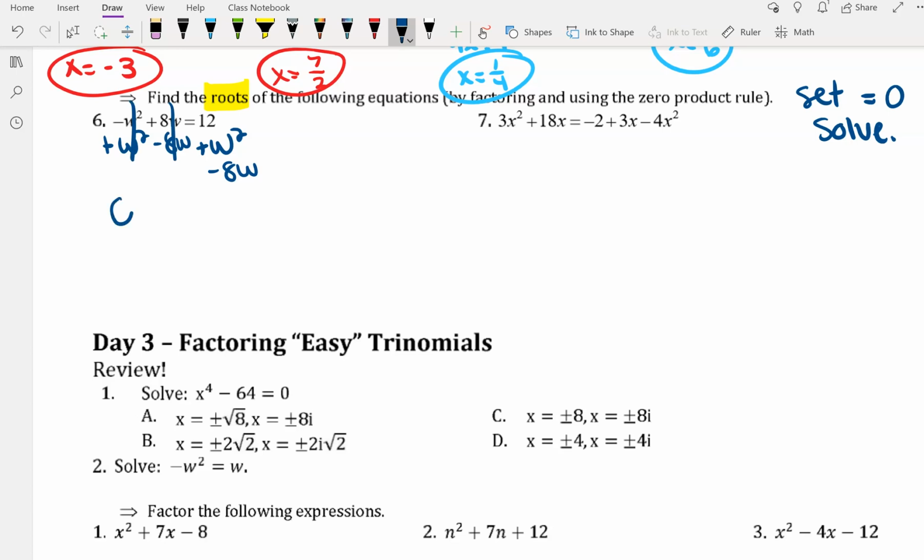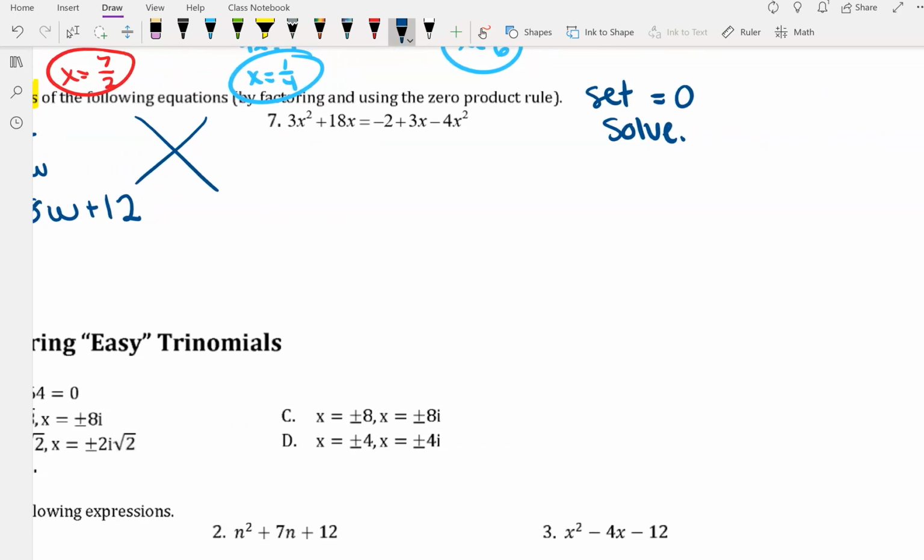So on the other side, I'm going to have w squared first, then negative 8w, then positive 12. I like it to be in order by degree. So the squared first, then the w, then the constant. All right, then you are going to factor this using the big X.